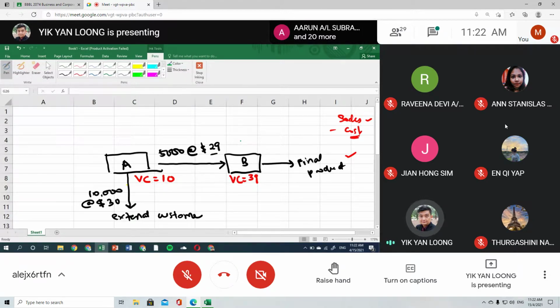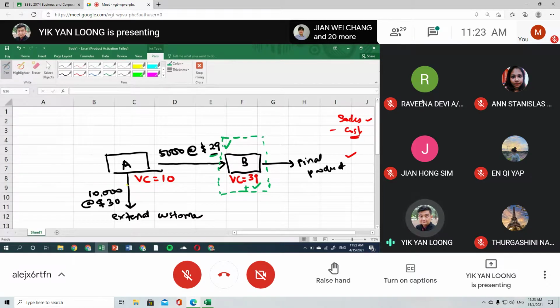So that means we have to calculate the profit statement for division B. If you're looking at the profit statement of division B, basically we're looking at division B as a standalone unit. Okay, so B will produce the final product and it will purchase the component from A. So it will treat the transfer price at 29 as part of the production cost. Right, so to B, the sales will still be based on the same final product, but the total production cost of the final product will be 29, which is the input cost from A, plus 39.